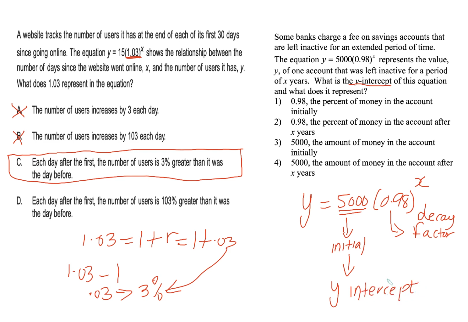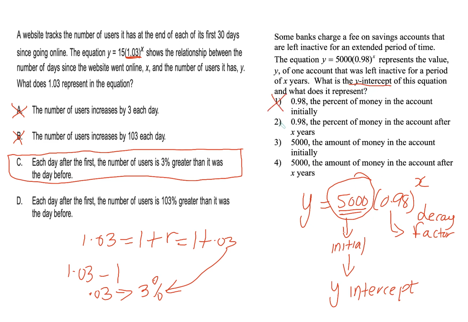So anytime the question asks you about the y-intercept, it is your initial amount. It can't be the 0.98 because I've pointed out time and time again that it is your factor, could be a growth or a decay. In our problem, it is a decay.